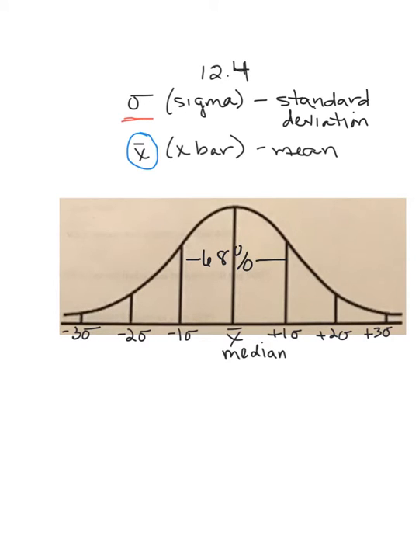We say this within one standard deviation. 95% of all the data on a normal curve goes from the -2 to the +2, which we say is within two standard deviations. 99.7, if you think about that, that's a whole lot of the data, fall within three standard deviations.